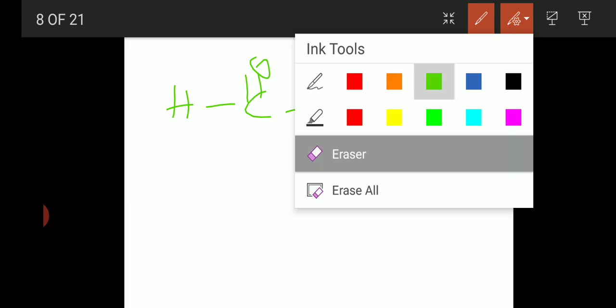HCOOH, the parental acid. In place of OH, what do we have to substitute? NH2. Then it becomes an amide.